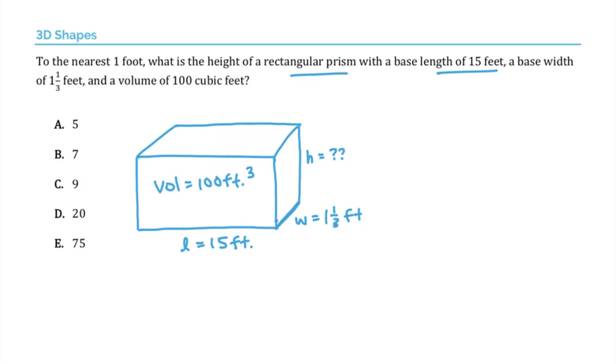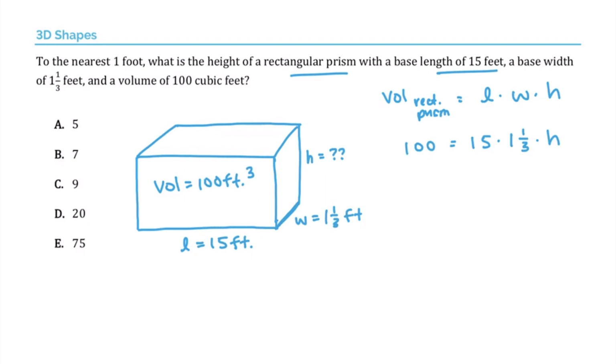So what you have to remember is that the volume of a rectangular prism is equal to length times width times height. So let's plug in what they've given us. They told us that the volume was 100. They told us the length of the base was 15, that the width of the base was 1 1/3, and the height we don't know, so it's going to stay an h. So at this point, our job is just to solve for the height, right?